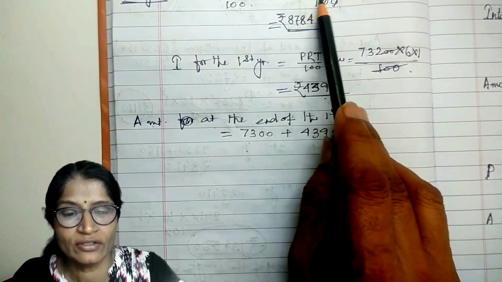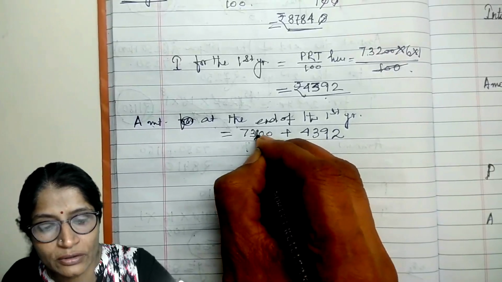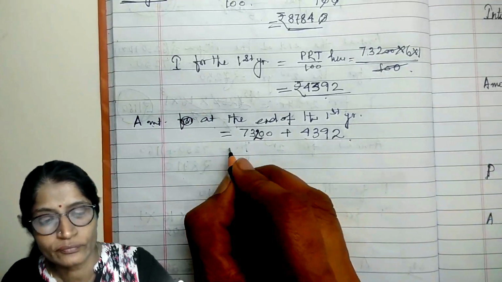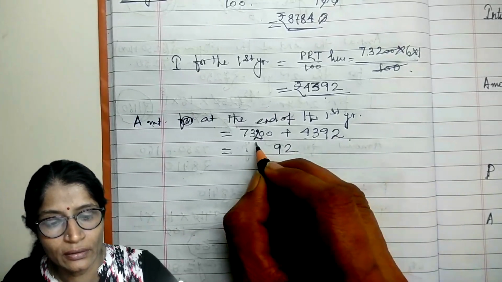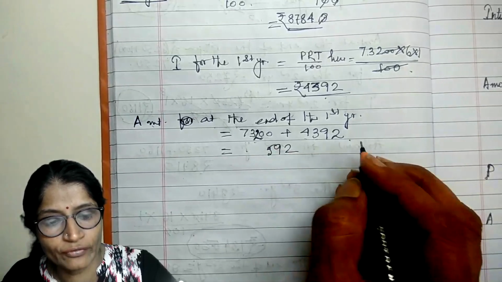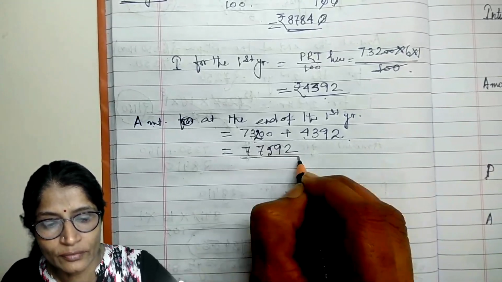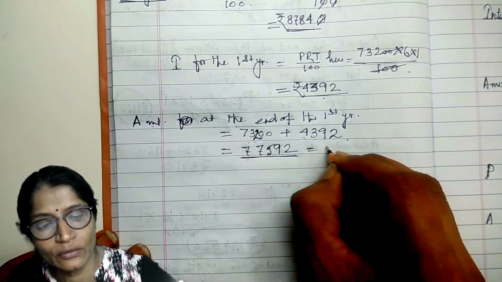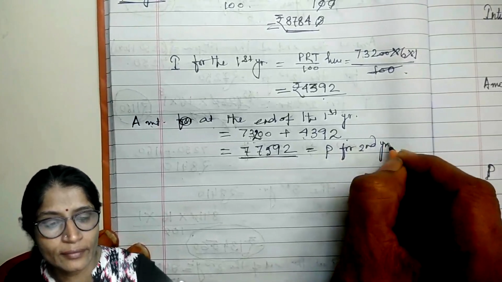Oh, it is 73200, sorry. 73200 plus 4392. Now it is equal to 77592. Now this will become the principal for the second year, that is P for second year.